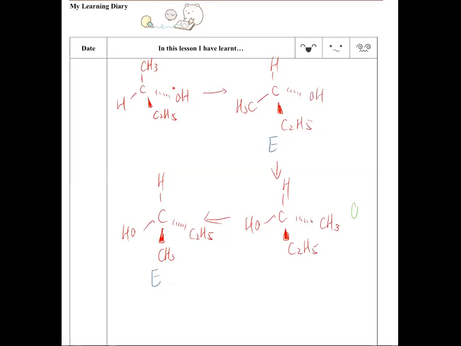If you switch any position of the two groups, you get the enantiomer. Because when we take the mirror image, we actually just switch the position of any two.